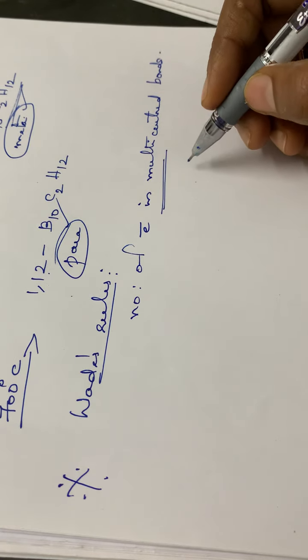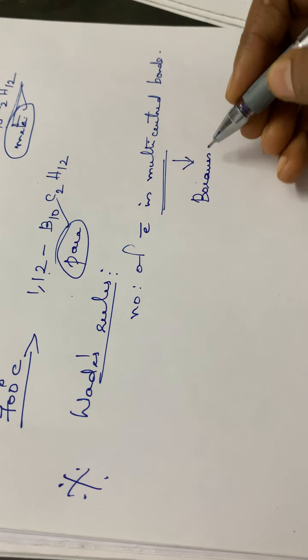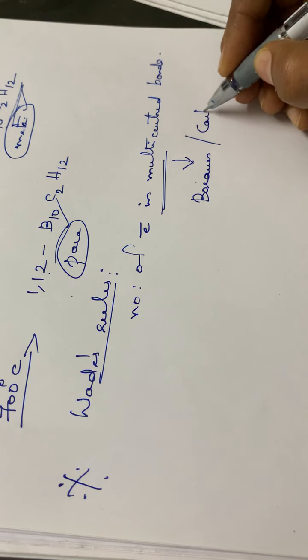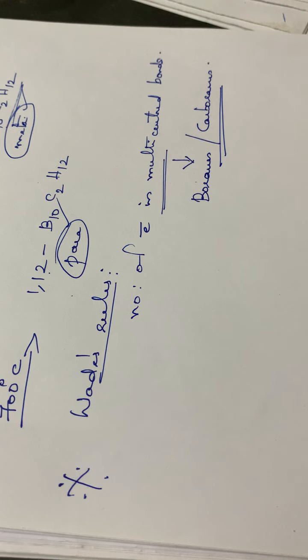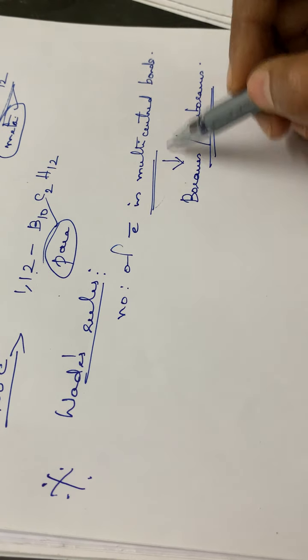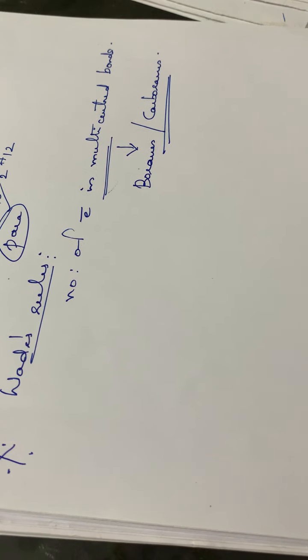Normally this Wade's rule is used in calculating the number of valence electrons in boranes as well as carboranes, for the multi-centered bonding orbitals. And you have to go through 4 points.